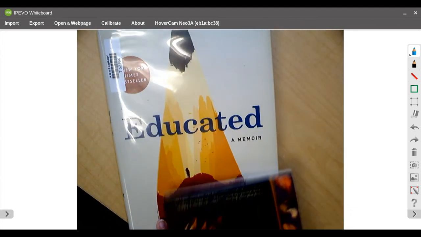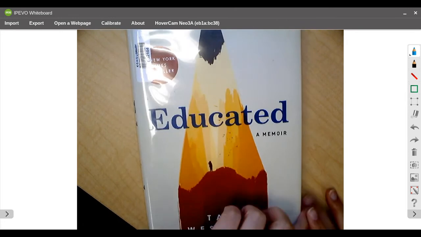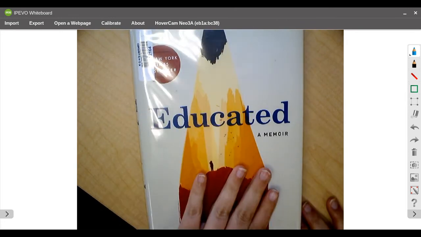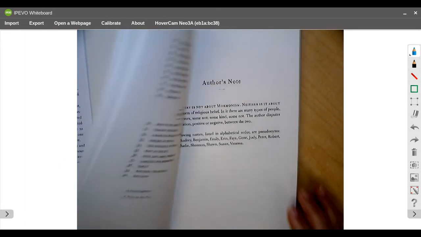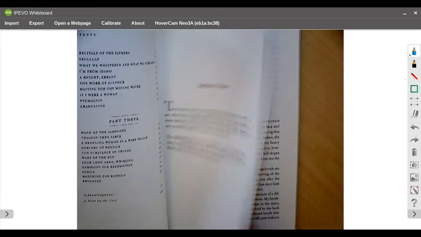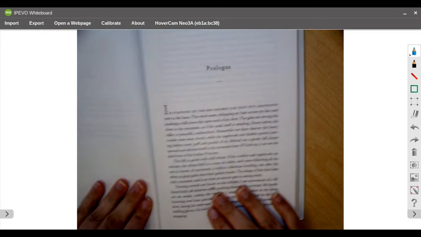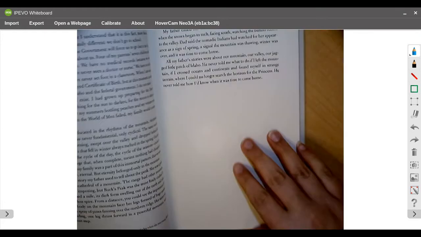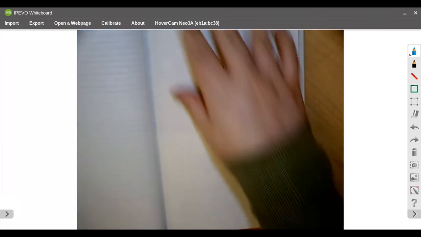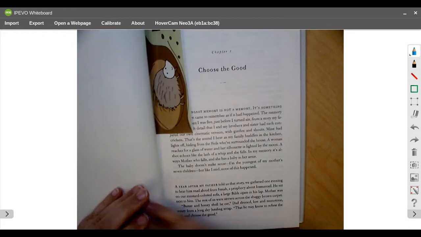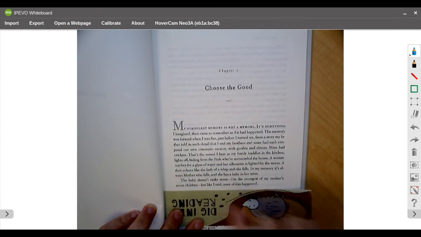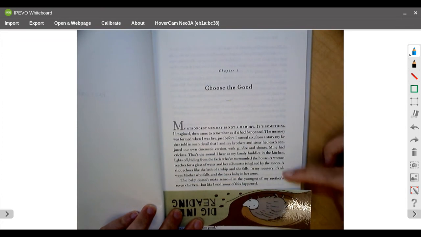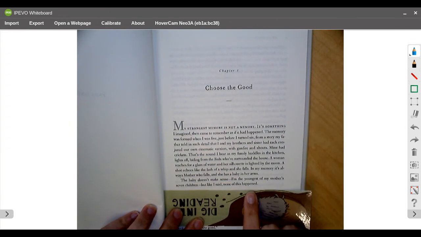So what I'm going to do is go grab my tools. If this was on the computer, I could type on it, but I am going to be looking at the very first page of chapter 1. And I'm only going to be working with a passage, from the top here all the way to the word happened.